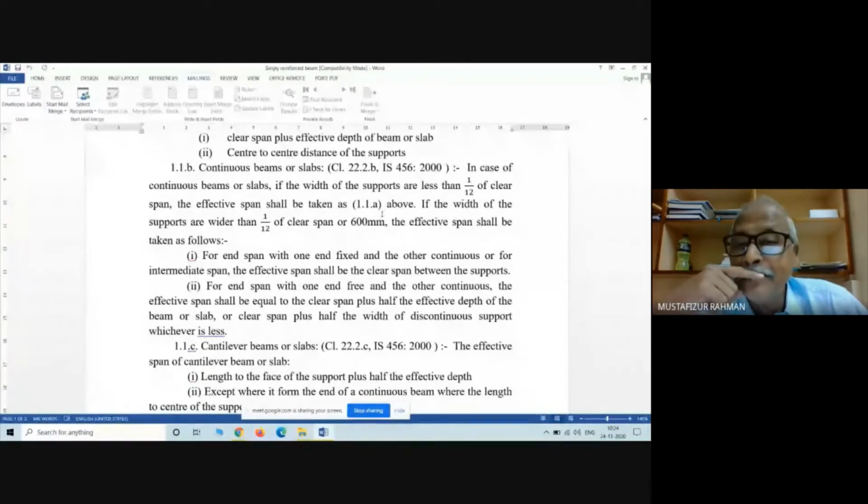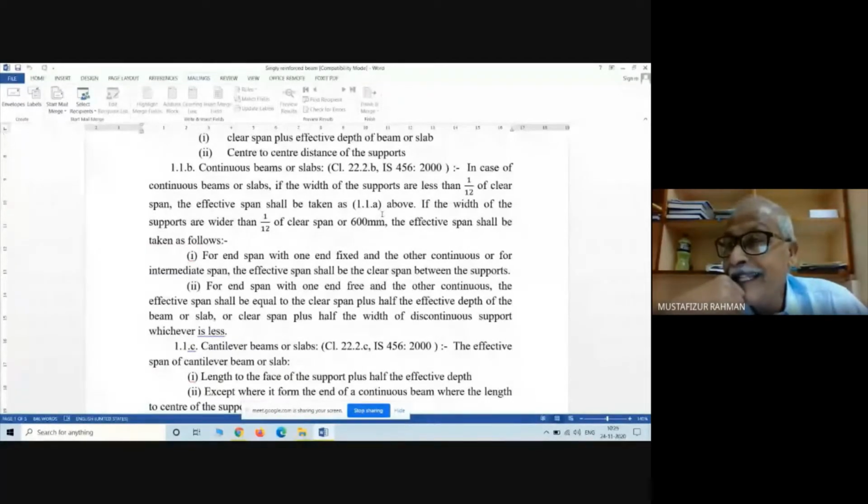It is linked to the width of the support, that means supporting width, not the supporting length, relative to 1/12 of the span. Say the span is 5 meter, 5,000, so 1/12 is 420 something.